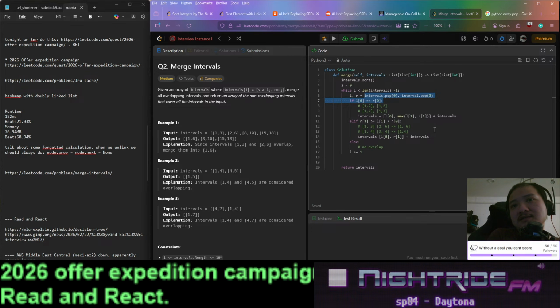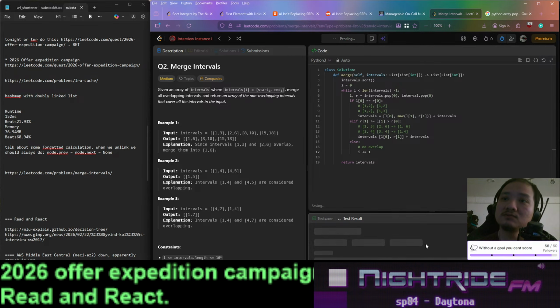Then i stays the same, because after the insert we might have a candidate after that. If there's no overlap, then plus 1. Like that. Maybe we have an infinite loop, who knows?